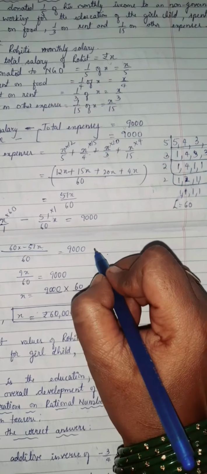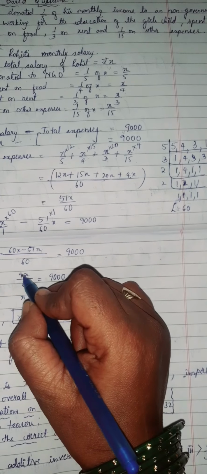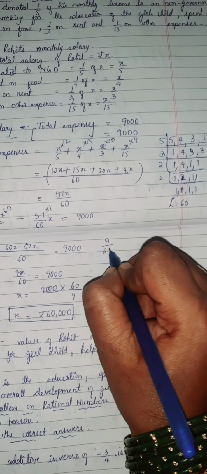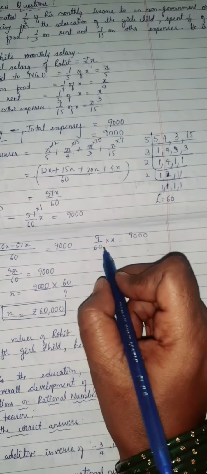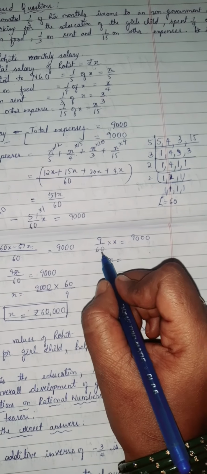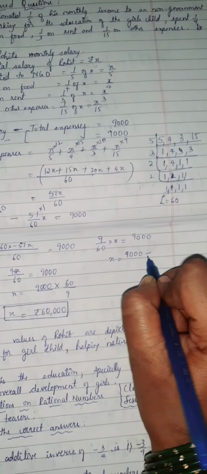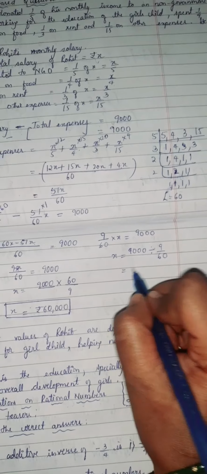Here what happens, children? Here the fraction is 9 by 60, that is 9 by 60 into x is equal to 9,000. So I want the value of x. When I send 9 by 60 to the right hand side, it will become divided by 9 by 60. Now how do we write 9,000?